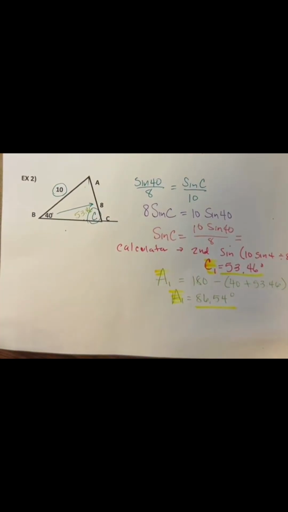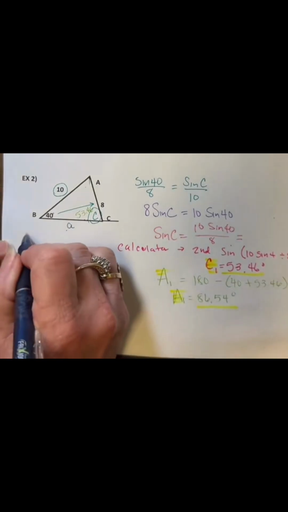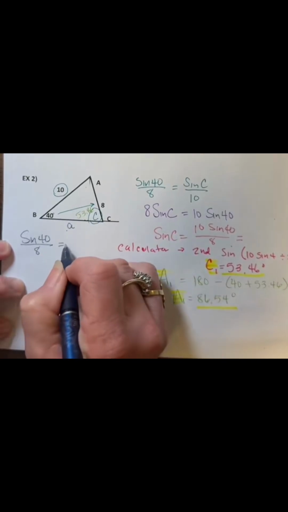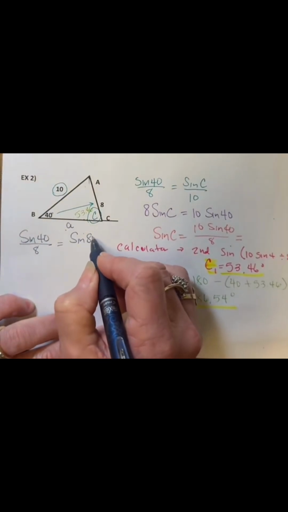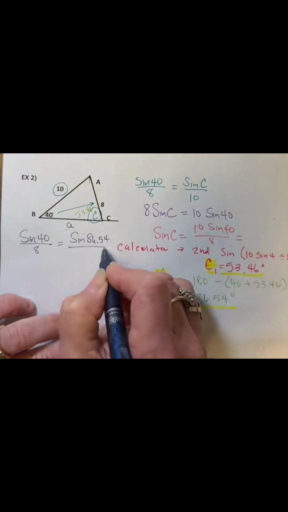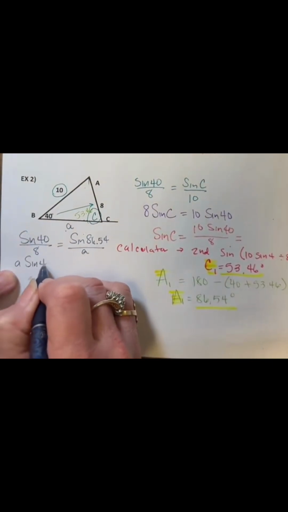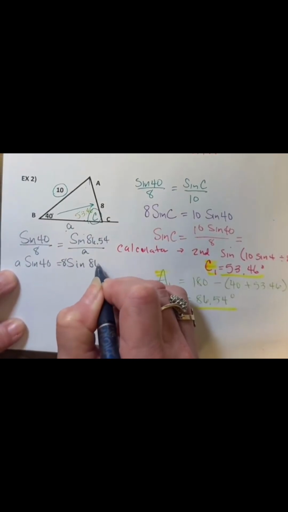And then we need to find little a. So little a is sine 40 over 8. We always use the given. Equals sine of A, 86.54, over little a. Cross multiply. 8 times sine 86.54.